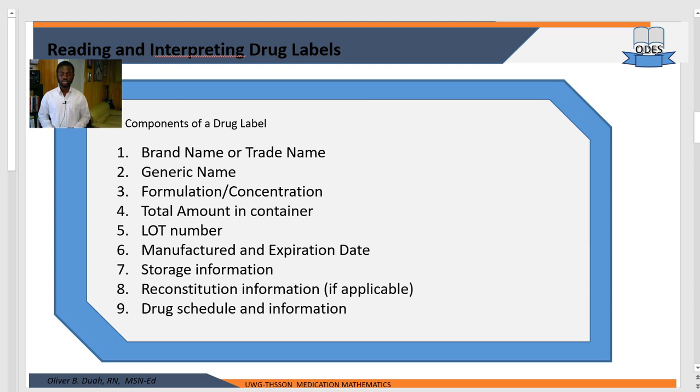The next component you are going to find on a medication label is going to be your reconstitution information. Some medications come in powdered form, and you may have to add a liquid to reconstitute it so that it can be given to your patient.